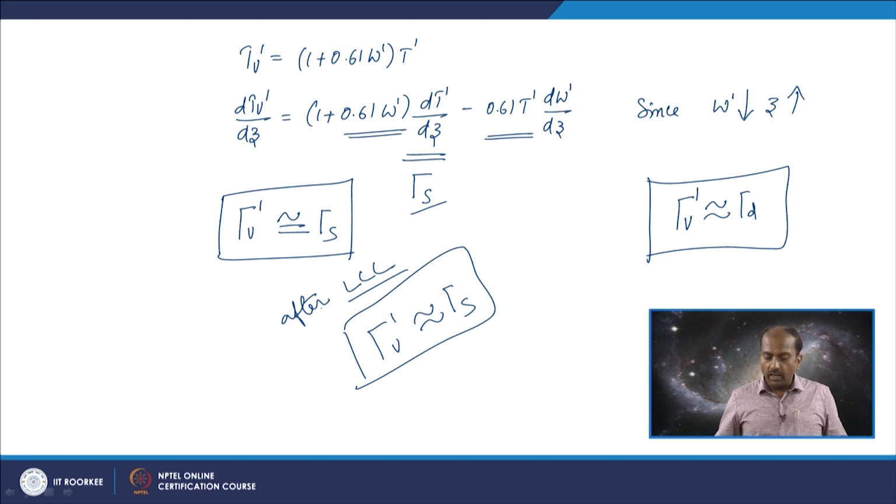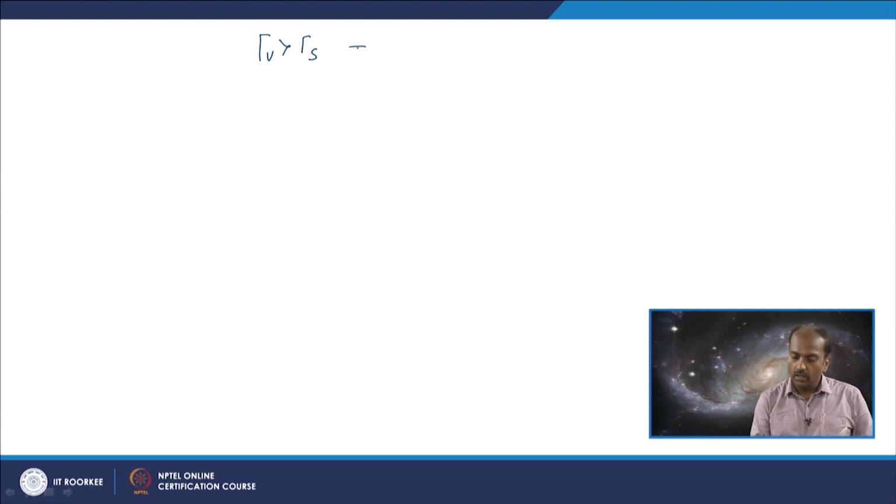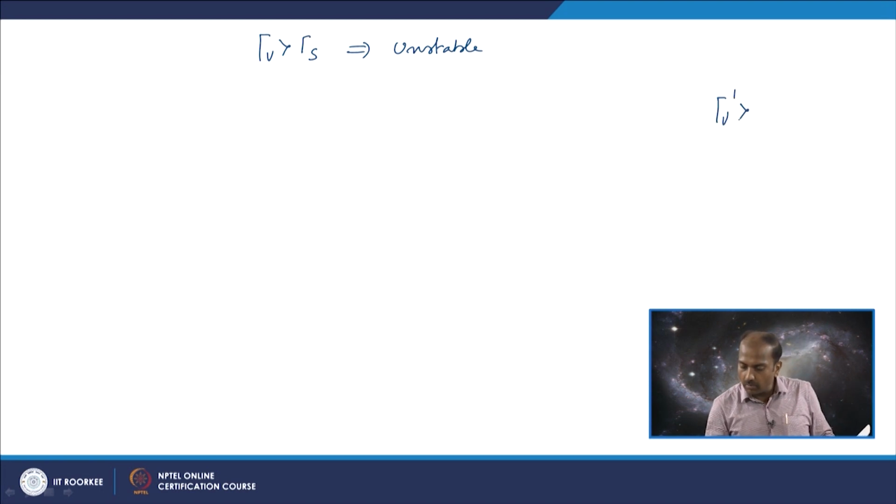Now we can write again the stability conditions in terms of the lapse rate of the environment in terms of saturated. If gamma V is greater than gamma s, we have an unstable situation. This is still coming from gamma V prime greater than gamma V. It is just that gamma V prime is now replaced in terms of gamma s.